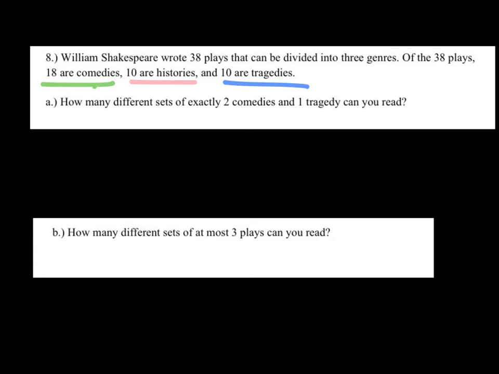So combinations for comedies would be 18, and we only want 2 of them, times the 1 tragedy, there's 10 of those, and we want 1 of them.